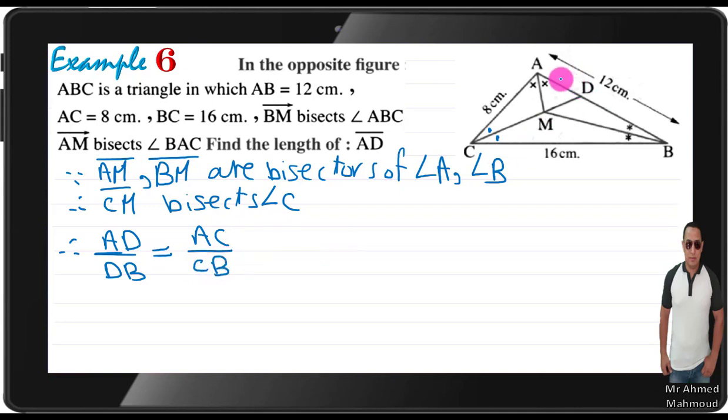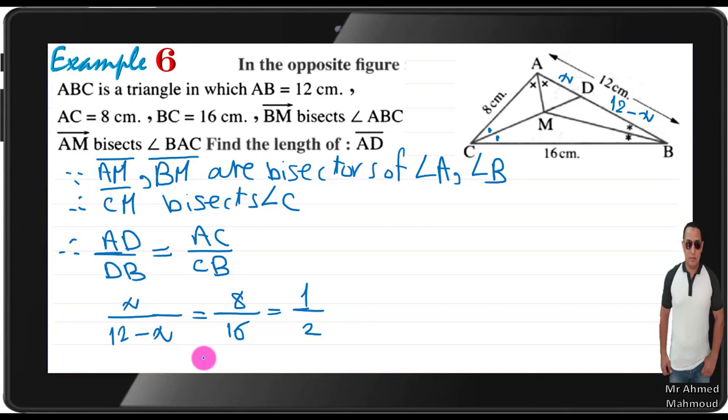To make it easy, I'm going to call AD X. So BD equals 12 minus X. Now AD over DB, X over 12 minus X, equals AC 8 over CB 16. 8 over 16 equals 1 over 2.